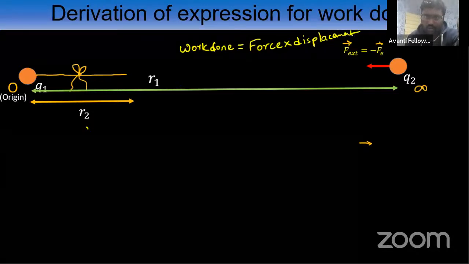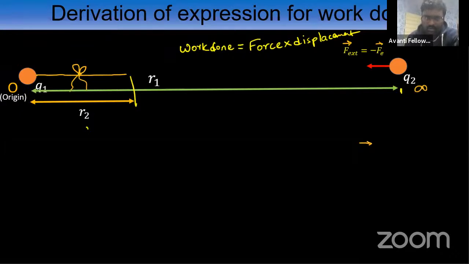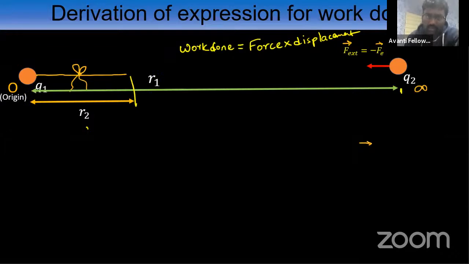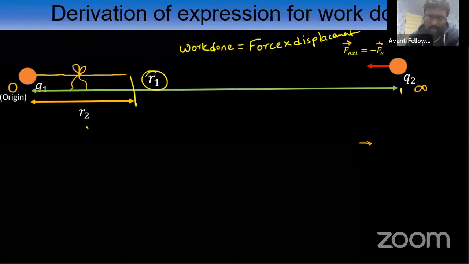Now I'm going to displace this Q from infinity till a separation of R2. If I consider the distance from the origin till infinity as R1, then the amount of work I do to bring it back from infinity to this point where it was initially, which I consider as R2, has a net displacement of R1 minus R2.